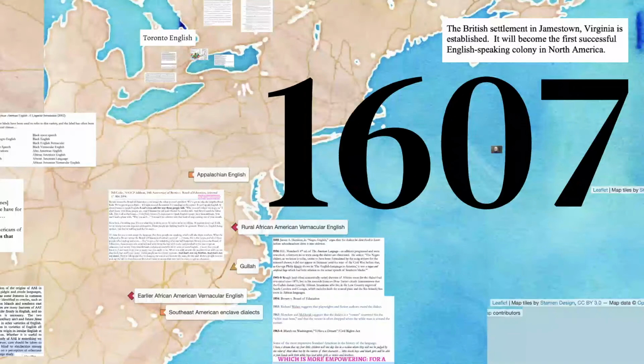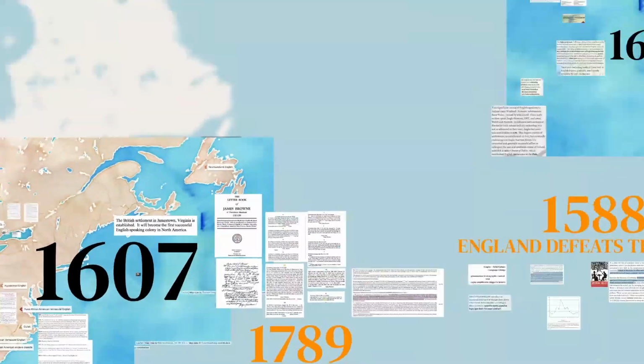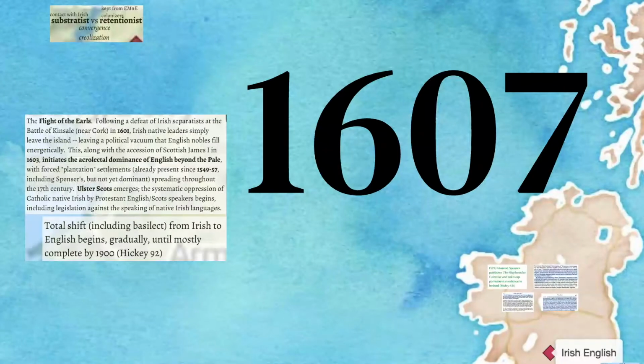We talked about the perception of whether a specifically African American or Black variety exists as a function of the position of the observer that helps us understand how the very idea of varieties is constructed. And the roots of that conversation begin at the onset of North American Englishes in 1607 with the British settlement in Jamestown. In the same year, in Ireland, we have the Flight of the Earls.